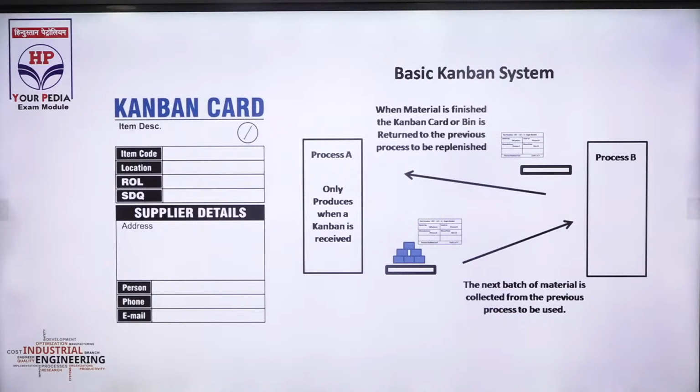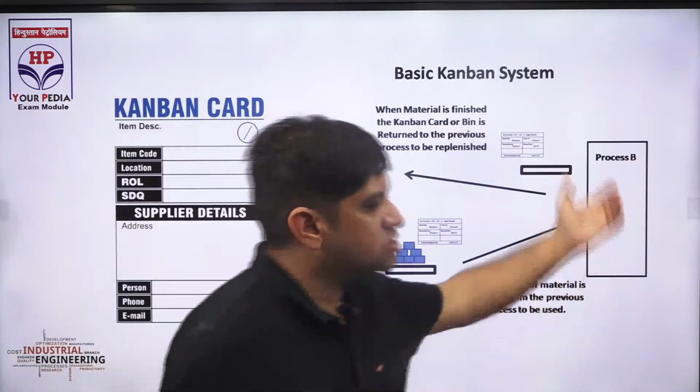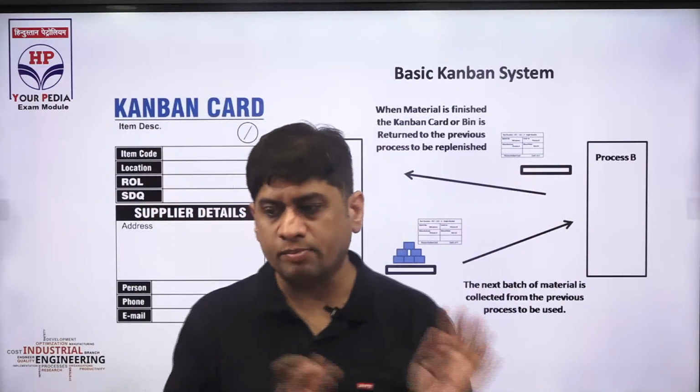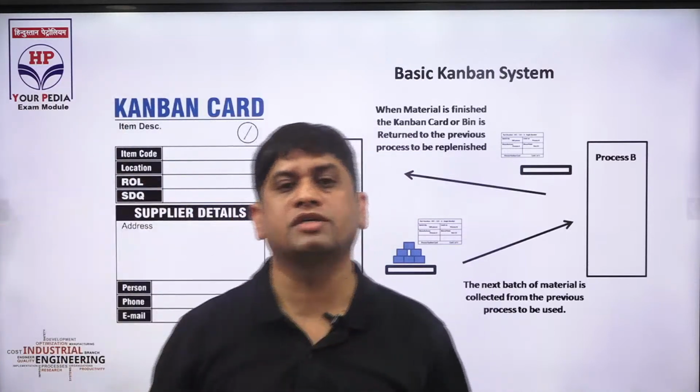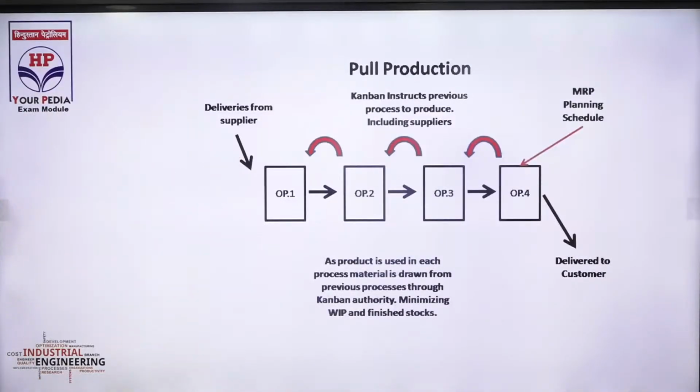So unless I issue the Kanban, the process will not start. I will not start producing unless the person who is ahead of me says, okay, now there is a demand. Maybe I have shown you this diagram. Yes, pull production system. So there is a link actually. The next production will start only if the previous has been completed, demand has been done.